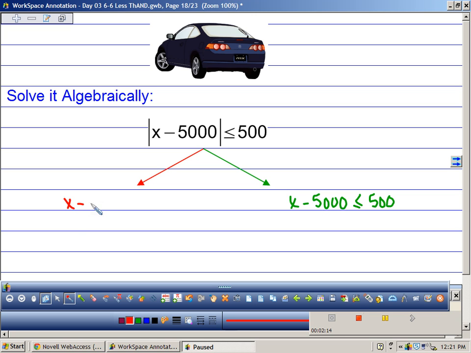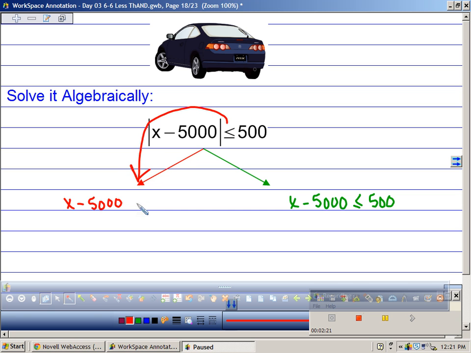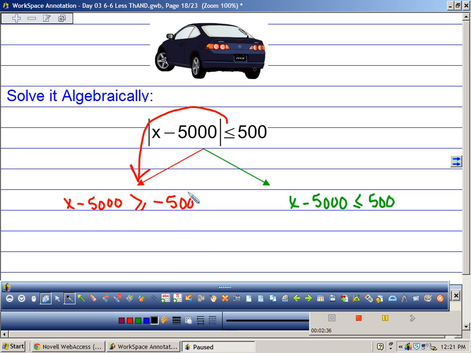And the difference between 5,000 in the negative direction is going to be the opposite. Opposite sign, opposite direction, opposite value. Everything's opposite. Understood? Okay, so now we just have to solve.